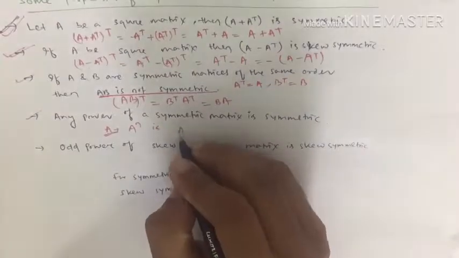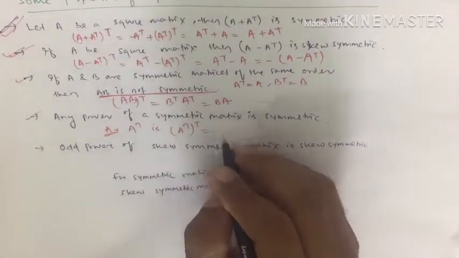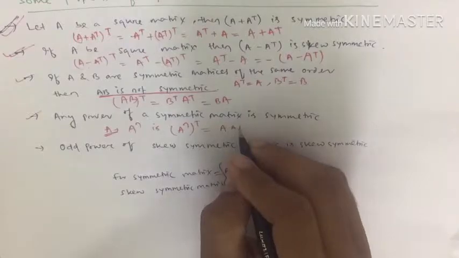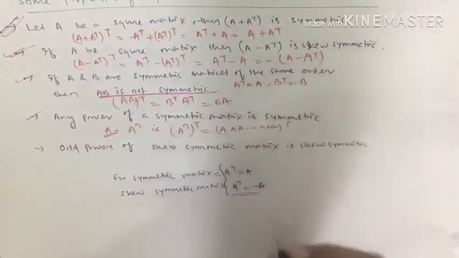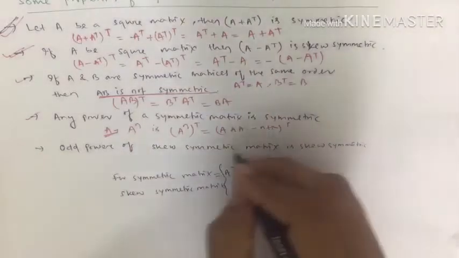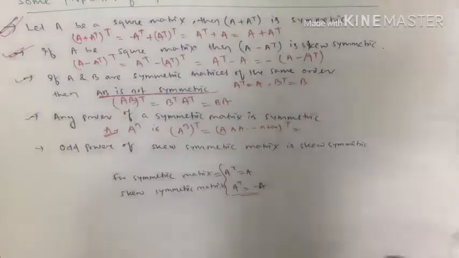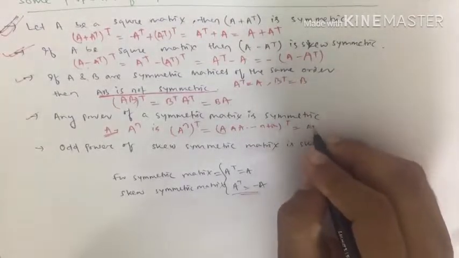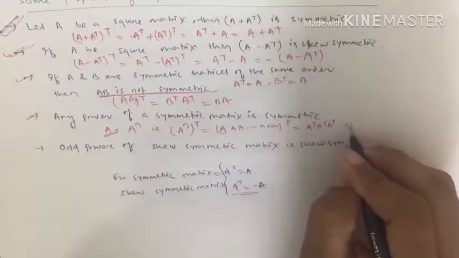So how can you prove it? Just take the transpose of A to the power n. A to the power n is nothing but A into A up to n times, and take its transpose. You will get, from back to first, A transpose, A transpose, A transpose up to n times.